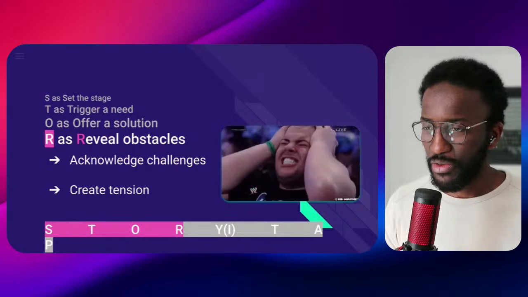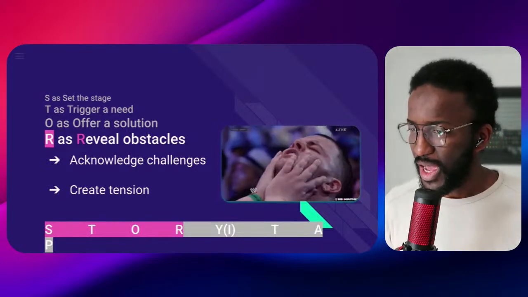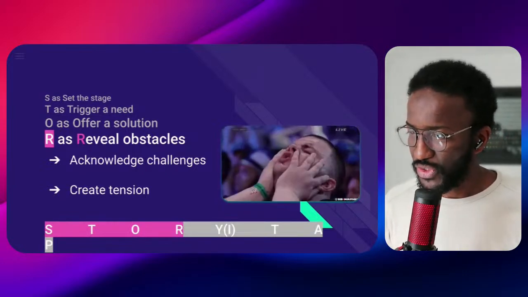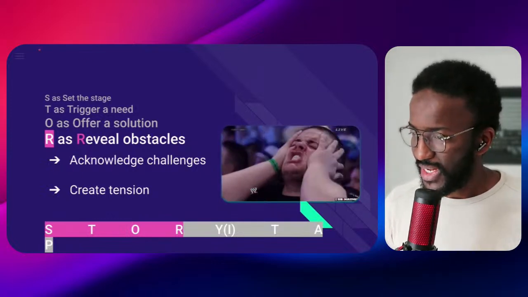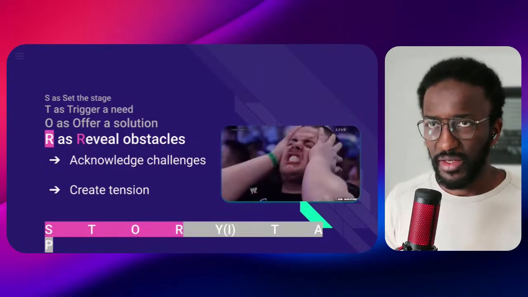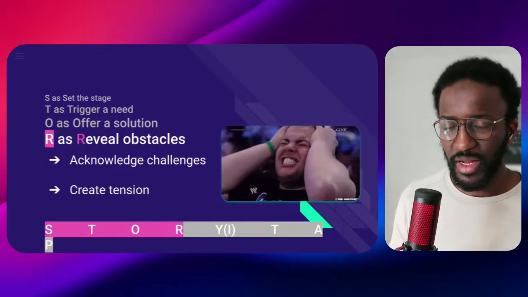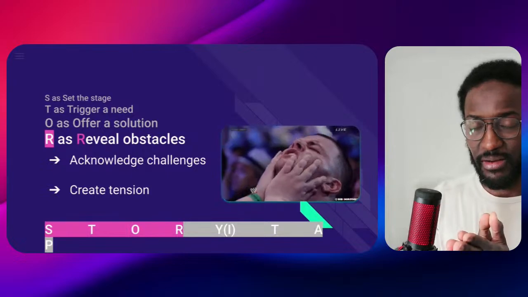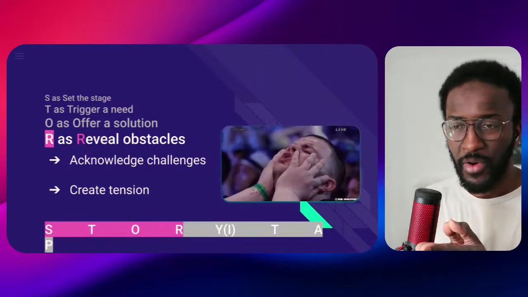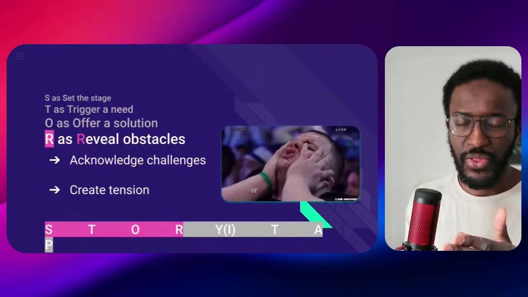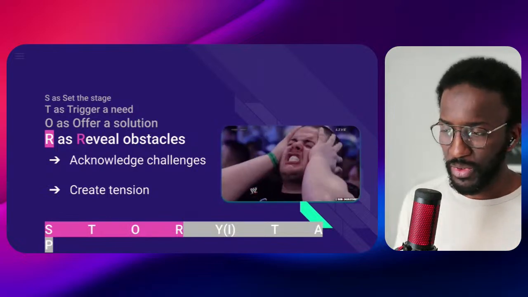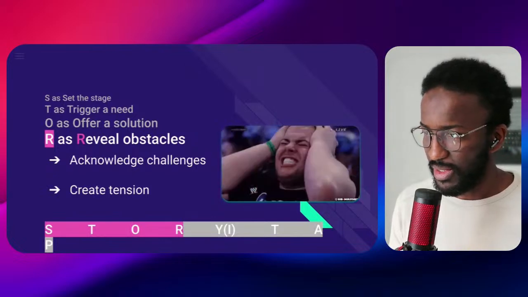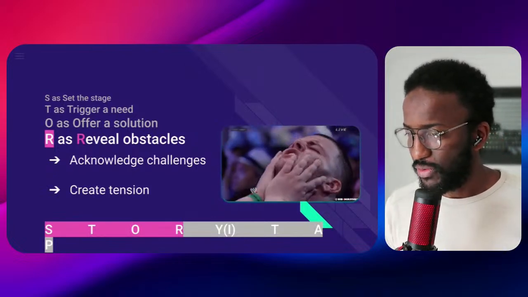It means that in your story, it's important that you say what the challenges are, and then you have to create tension. Creating tension means there is something that your hero wants, and the obstacle is what is between where you are and what your hero wants. This is really important to be able to reveal obstacles.